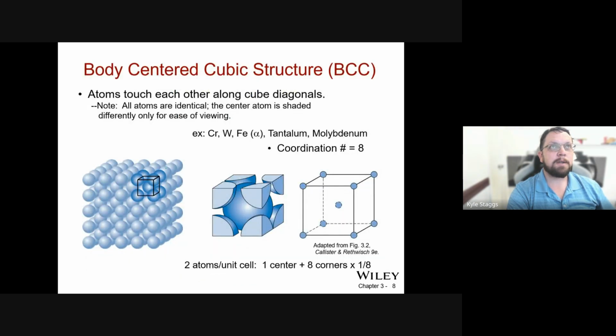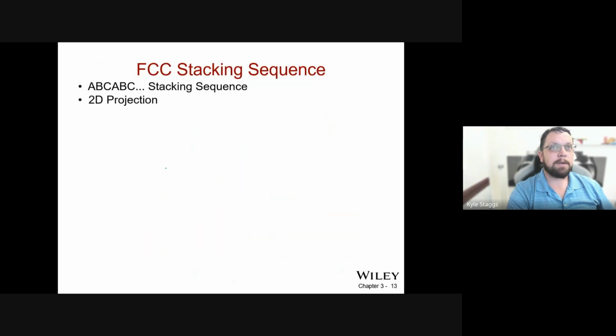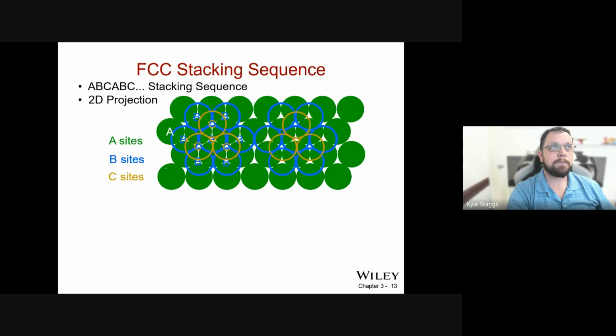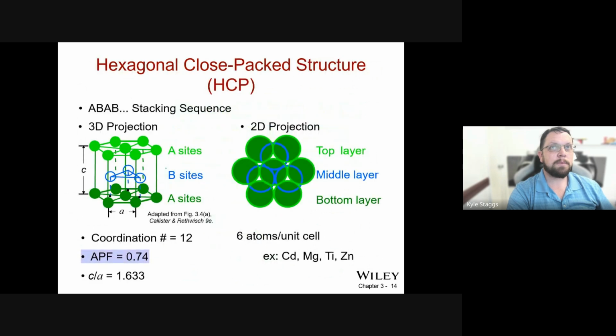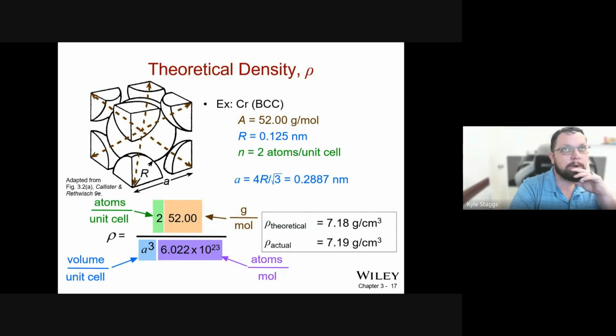They had coordination numbers, but we were given... I thought we had it in one of these.